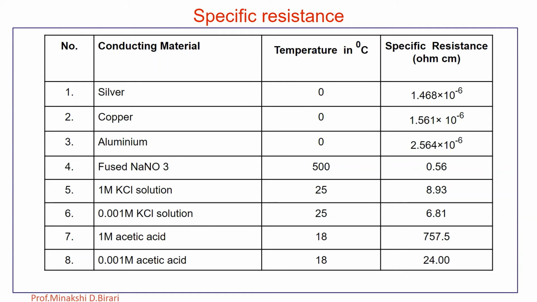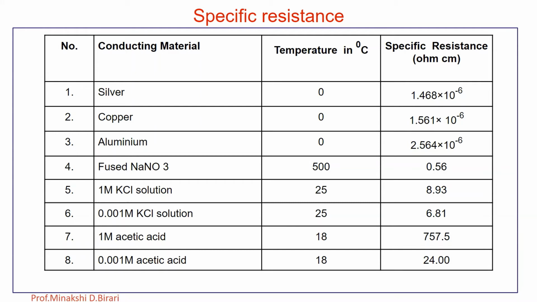In the previous lecture we have already discussed the conductance and mobility of ions, and also the factors affecting the conductance of solution. We have studied that quantitatively the ability of the solution to conduct electricity is expressed in terms of its conductivity, and the conductivity of a solution of an electrolyte is found to be dependent on different factors.